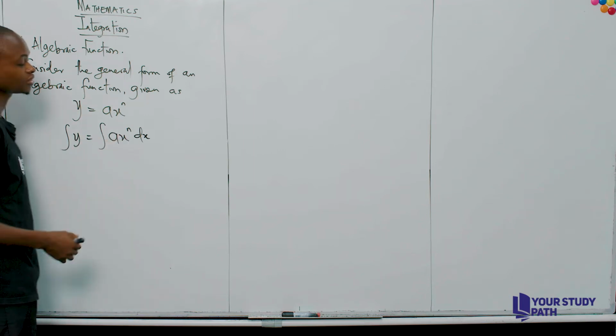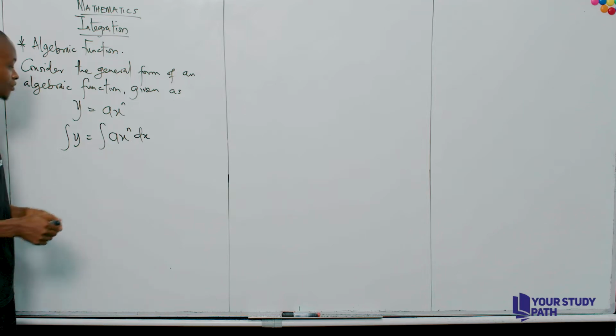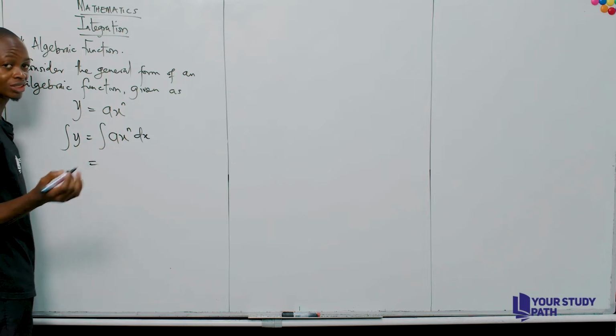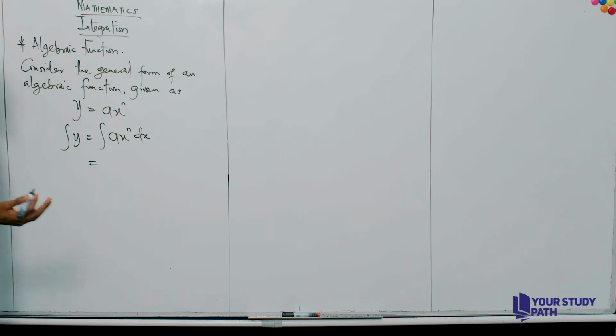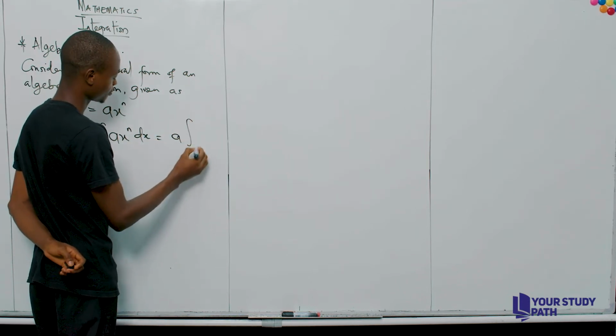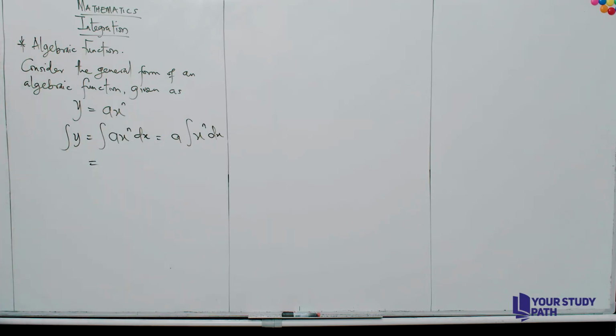Now, how do we carry out the integration here? When you integrate, the constant is of no significance, actually. So you could bring out the constant first, because the integral symbol has no dealing with the constant.